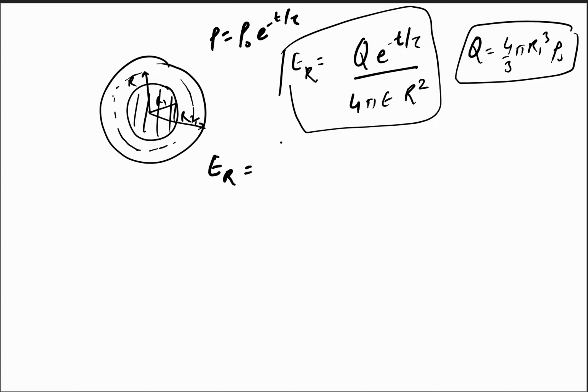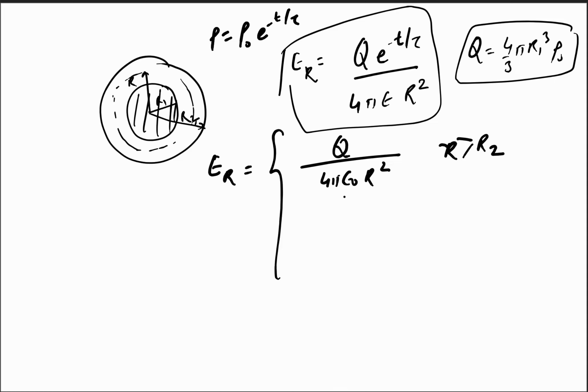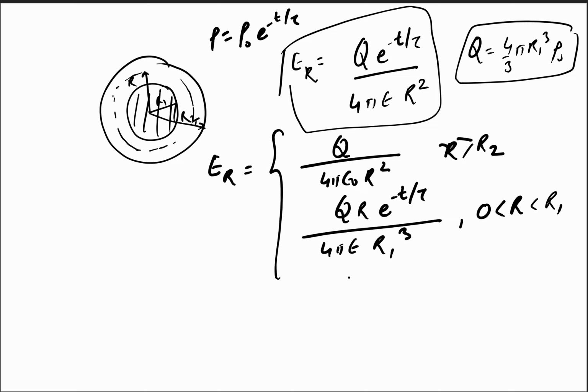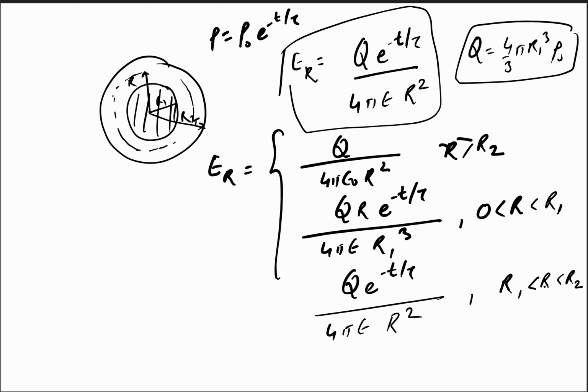E radial is equal to the total charge Q over 4 pi epsilon naught r square for r greater than R2, Q r e to the minus t by tau over 4 pi epsilon R1 cube for r smaller than R1, and Q e to the minus t by tau over 4 pi epsilon r square for R1 smaller than r smaller than R2. So we have found electric field in all the locations.